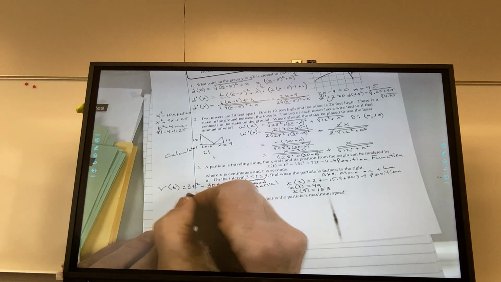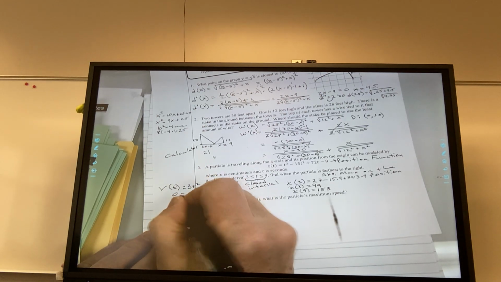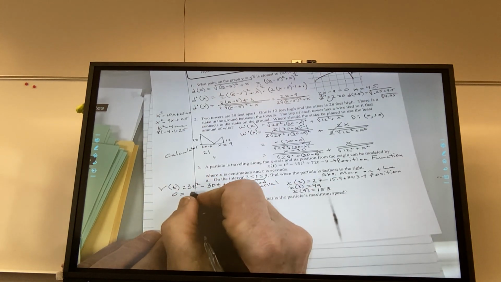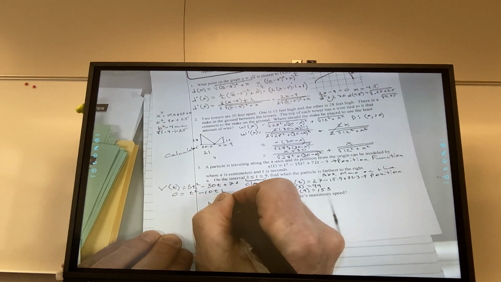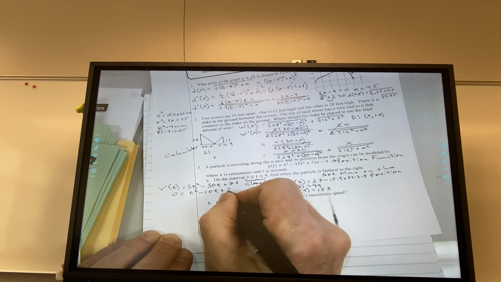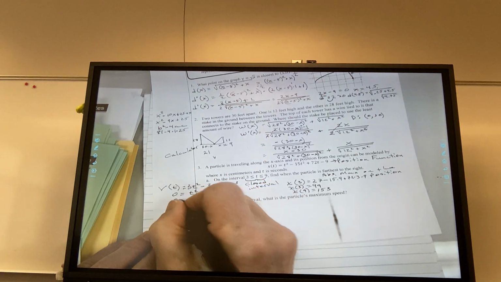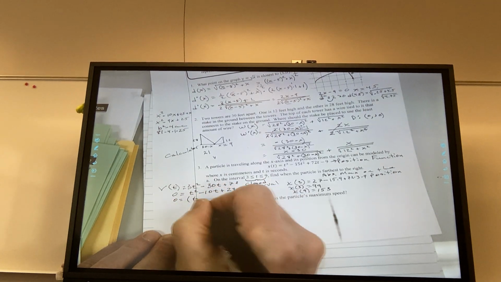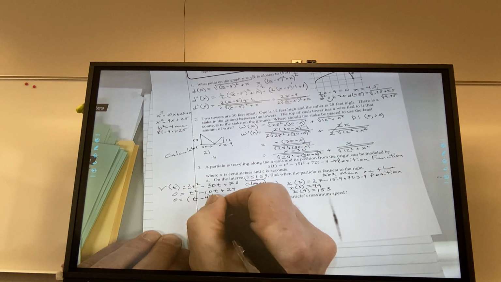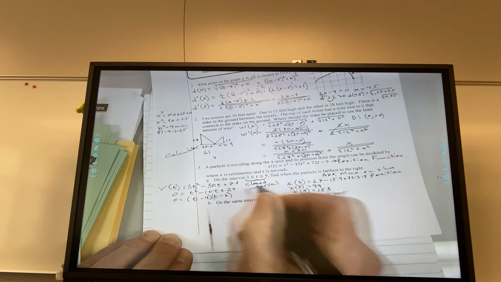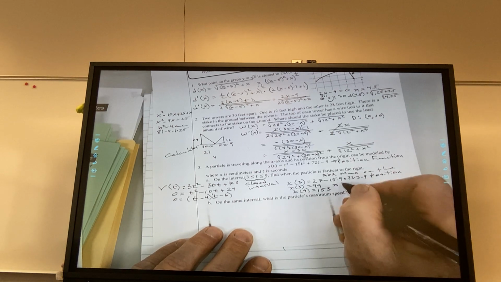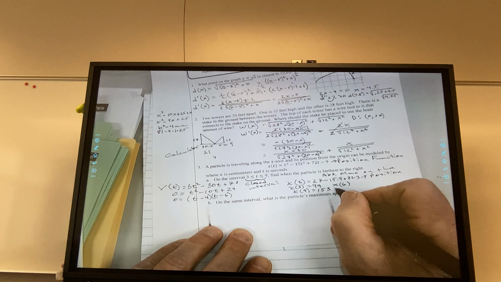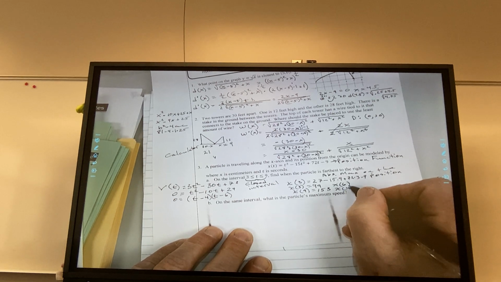And I made that equal to 0. And then I divided everything by 3. We got t squared minus 10t plus 24. And I factored, and I got t minus 4 and t minus 6. So that means I put into x 6, and I put into x 4.